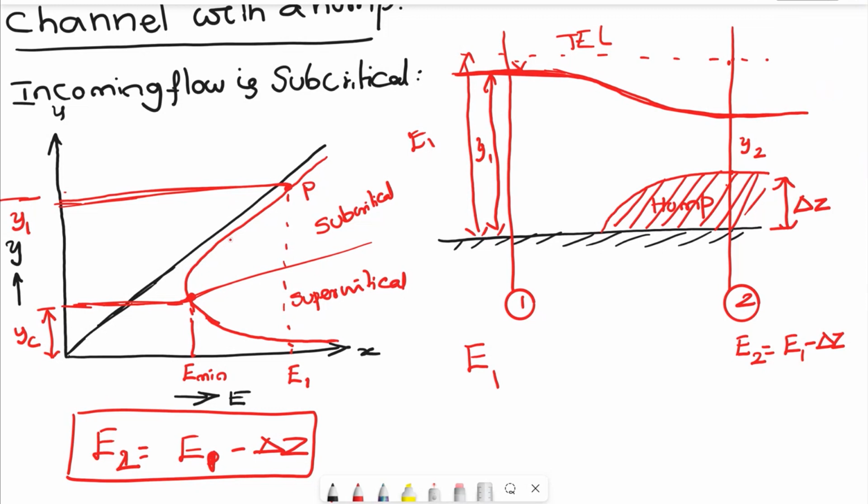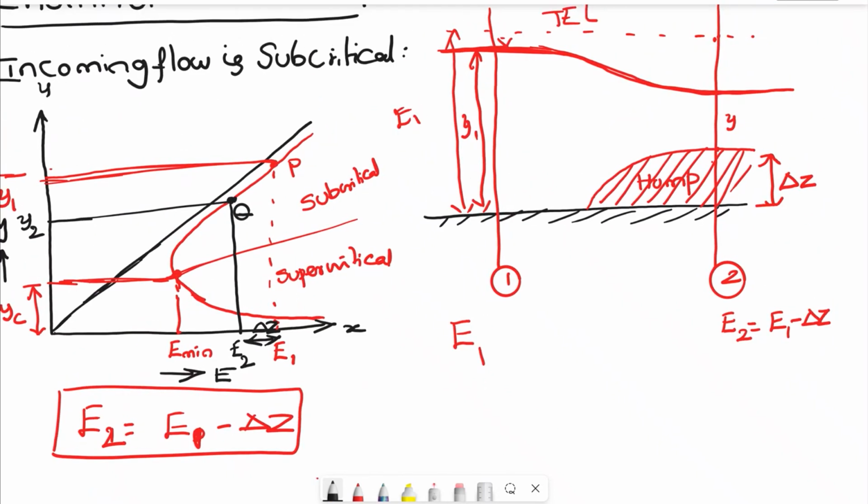So if I take it, this is related to Y2, and this is E2. The difference between these two is nothing but delta Z. This is the first point you should understand.